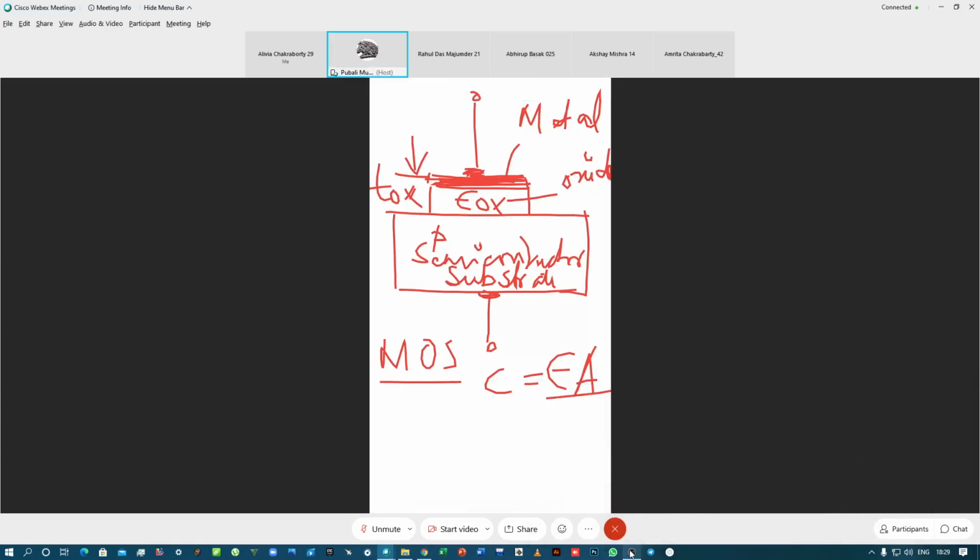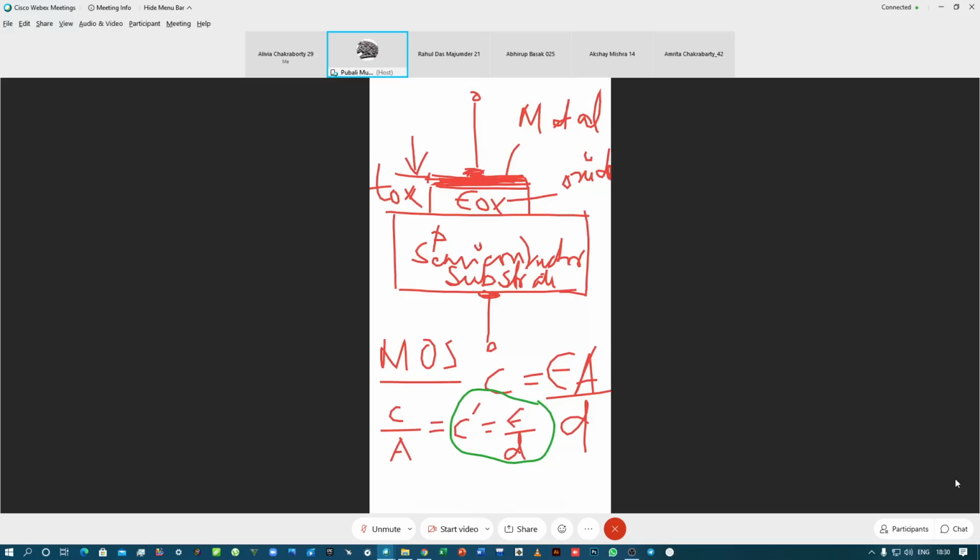In general terms, epsilon A by D. So capacitance per unit area, that is C by A, we call it C dash or C prime, is equal to epsilon by D. So epsilon A by D divided by A is epsilon by D, that is C dash.